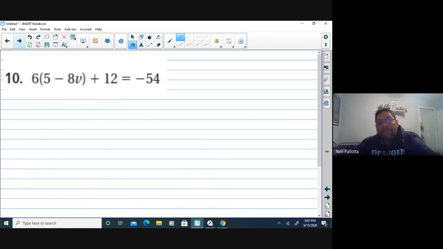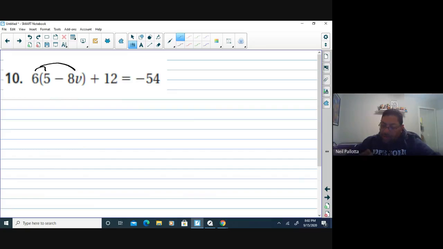Question 10. We want to recognize the distributive property here. When we have a number outside of a parentheses multiplying a sum or a difference in the parentheses. So this 6 is multiplying the difference of 5 and 8 times the number v.